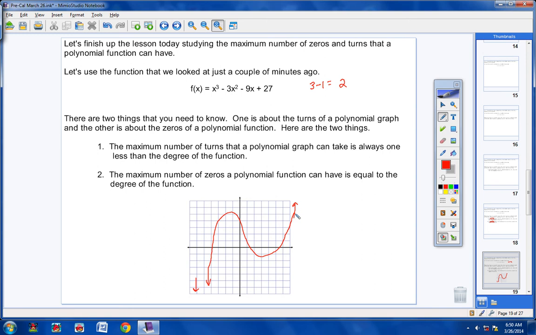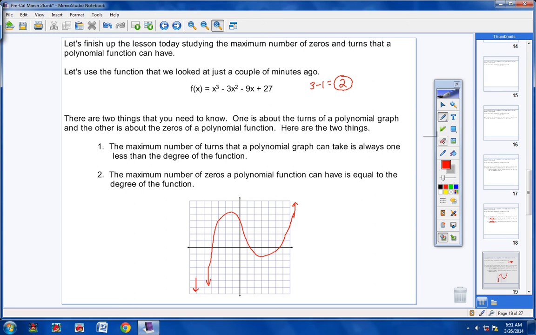But my point is it does not have to take that exact number of turns. It could be less than this. But what it does is tell you the maximum number of turns the graph will take.